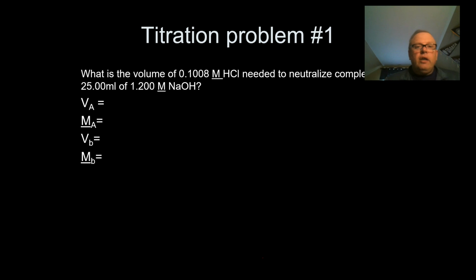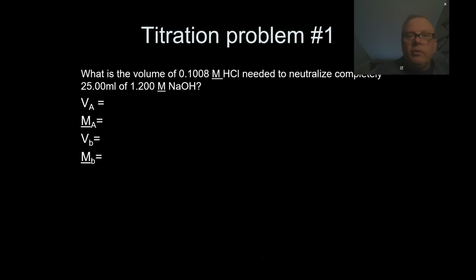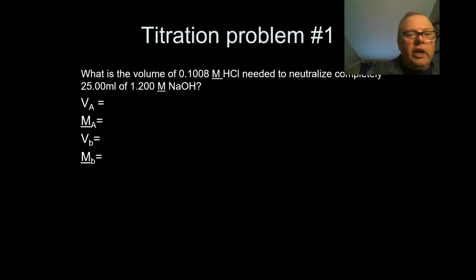Okay, here I'm going to give you a couple of different titration problems. Now, what is the volume of 0.100 molarity hydrochloric acid? So the molarity of the acid is 0.1008. I'm looking for the volume, so that'll be the X that I'm trying to find.